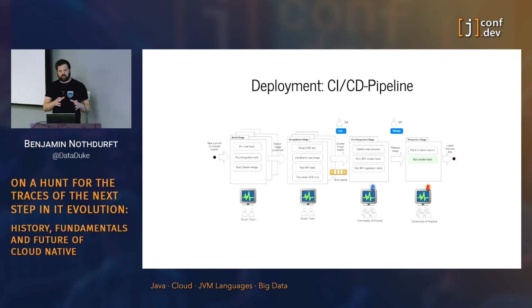And on that stage, we try to run the API tests, the regression tests that go through our whole system, to figure out if anything is broken. And afterwards, we can tear down our cluster very easily. And also, if there are things that are not working, it's very easy for everybody to connect in a cloud environment. So this is where cloud-native technologies have improved a lot in comparison, for example, to private clouds where you needed in the past to spin up virtual machines, VMware clusters, or similar things.